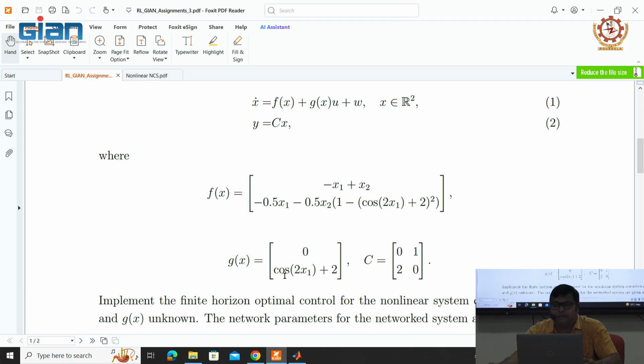So then actually a lot of changes they have to do. In programming, if it is the single input case, then it is much simpler. But if it is multi-input, then it needs to be changed rigorously, because many steps are there where you need to change for the different dimension.